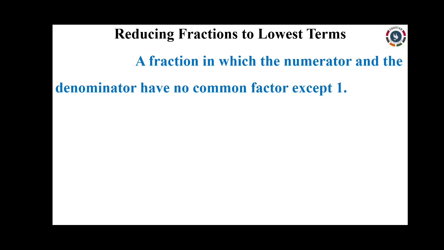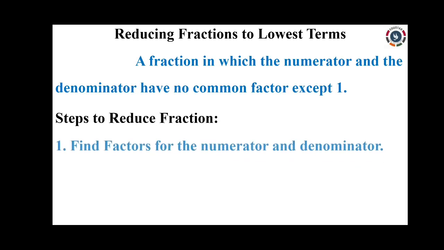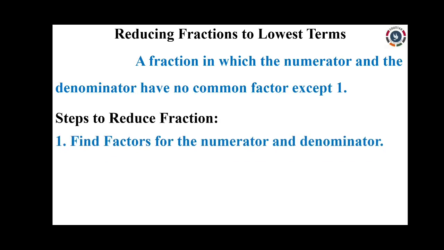To reduce into lowest terms, we have to follow a few steps. Step 1. Find factors for the numerator and the denominator. After finding factors for the numerator and the denominator, we have to find common factors and find the highest common factor.